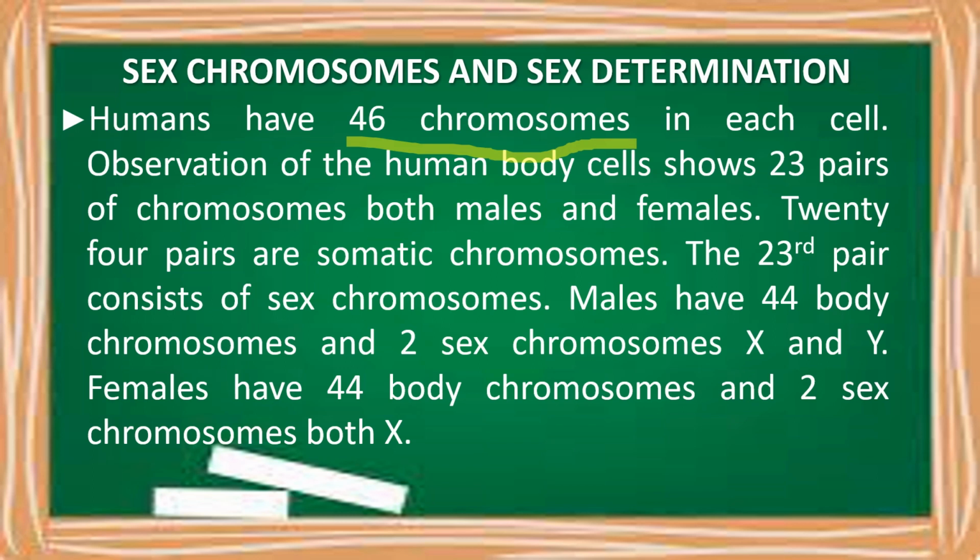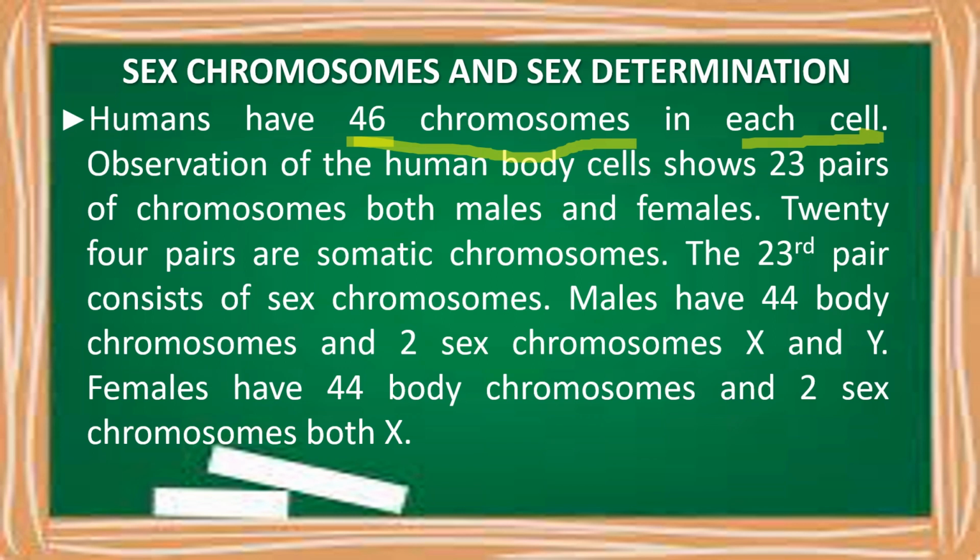Observation of the human body cells shows 23 pairs of chromosomes, both in males and females. 22 pairs are somatic chromosomes. The 23rd pair consists of sex chromosomes. Males have 44 body chromosomes and 2 sex chromosomes, X and Y.